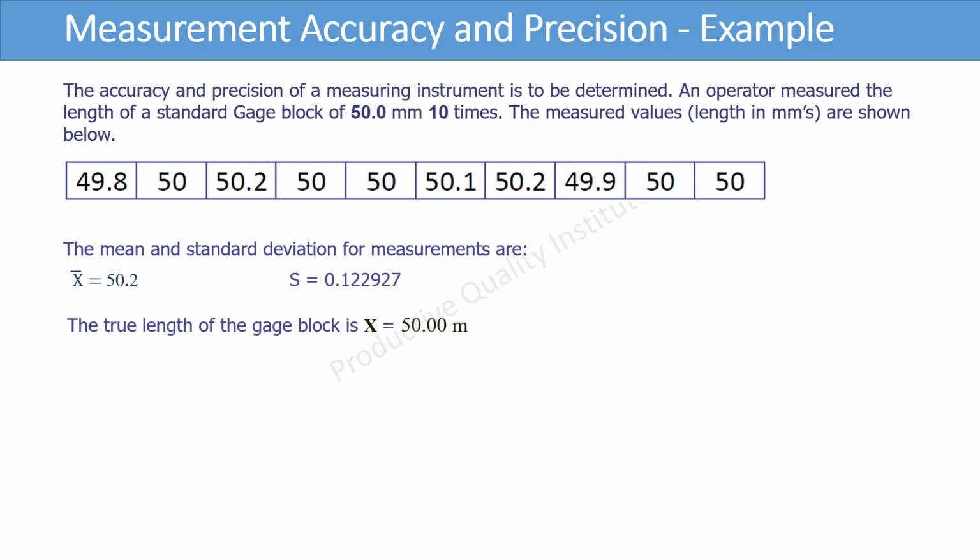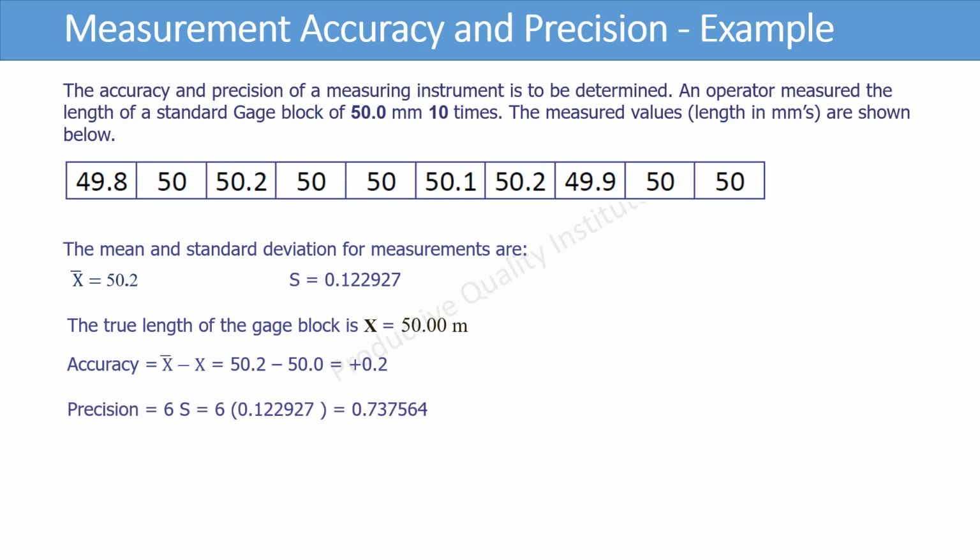The true length of the gauge block is x, which is equal to 50 millimeters. The accuracy is equal to x bar minus x, which is equal to 0.2. The precision is equal to 6 multiplied by s, which is equal to 0.737. The precision is calculated according to the Six Sigma precision, based on the normal distribution.